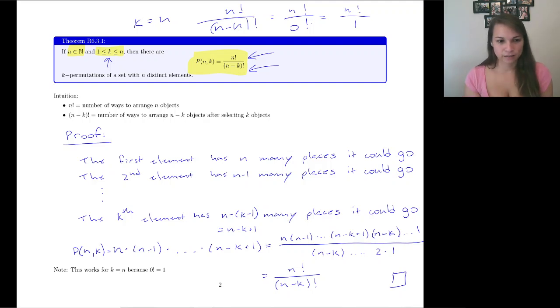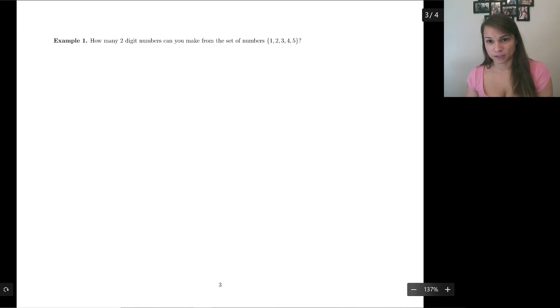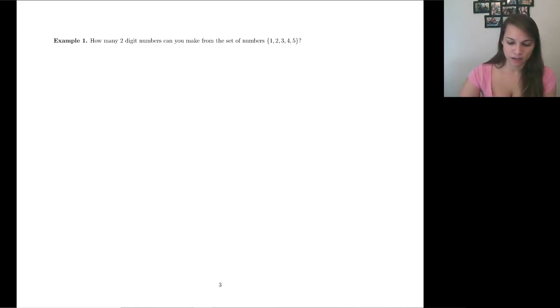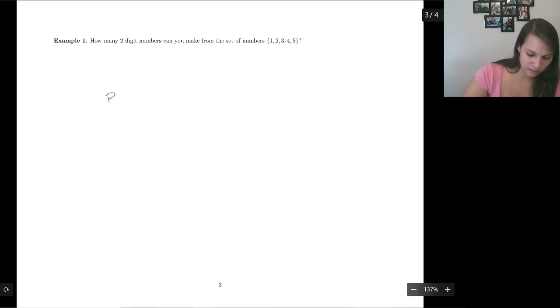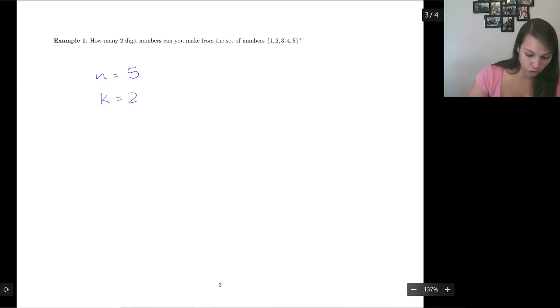All right, let's run back. Let's use the formula on the question that we just looked at. How many two-digit numbers can you make from a set of numbers 1, 2, 3, 4, 5? So the number of elements in total that we have is 5. The number of elements that we want to arrange is 2. So we put these together.